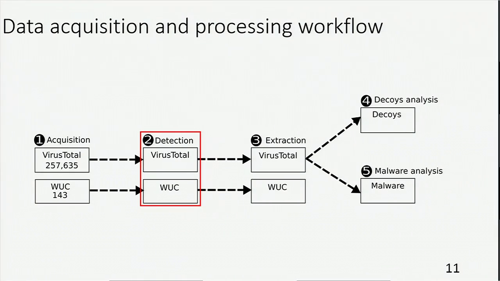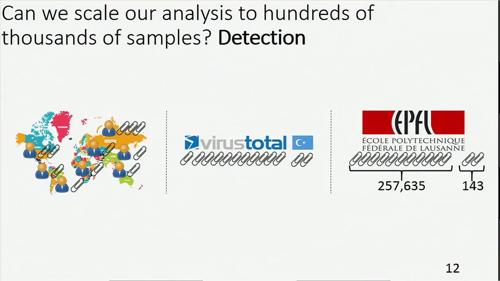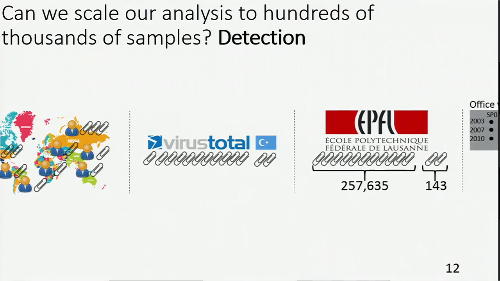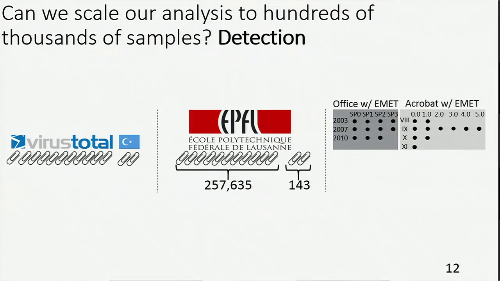The next step is to detect whether these documents are actually triggering exploits. Just because they've been flagged, of course, doesn't necessarily mean that they're working malware. So to do this, we need to run these documents in a wide variety of environments on a VM that's going to be vulnerable. So the way that we do this is we use Microsoft Office, and we use lots of versions and subversions of them, and we do the same with Acrobat.